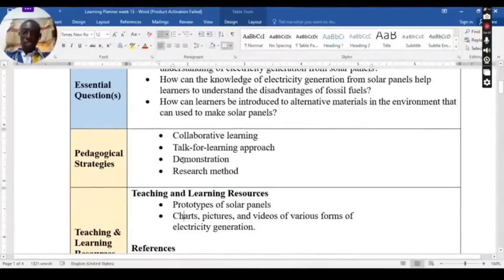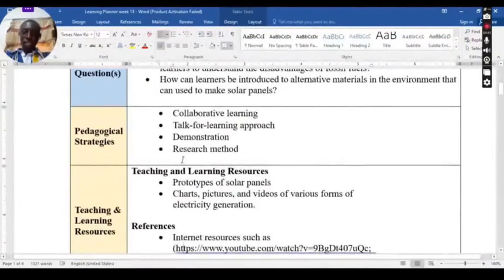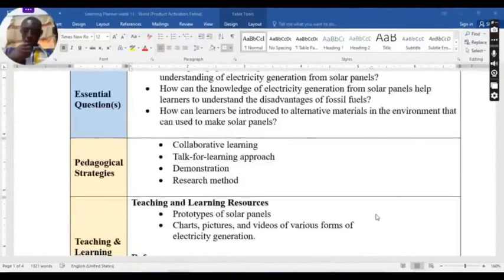With that said, let's go to the pedagogical strategies. There are a lot of strategies, and these are the ones I've enumerated: collaborative learning, talk for learning approach, demonstration, and research method. These are the strategies I've enumerated to help the learner understand the LI, which is manufacturing and producing electricity from solar panels. One thing about pedagogical strategy is that you must employ all of them throughout the activities in this learning planner.